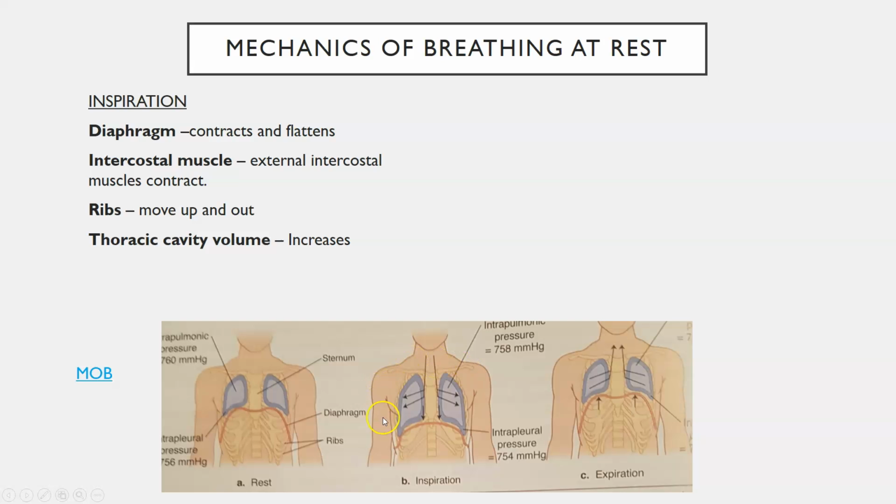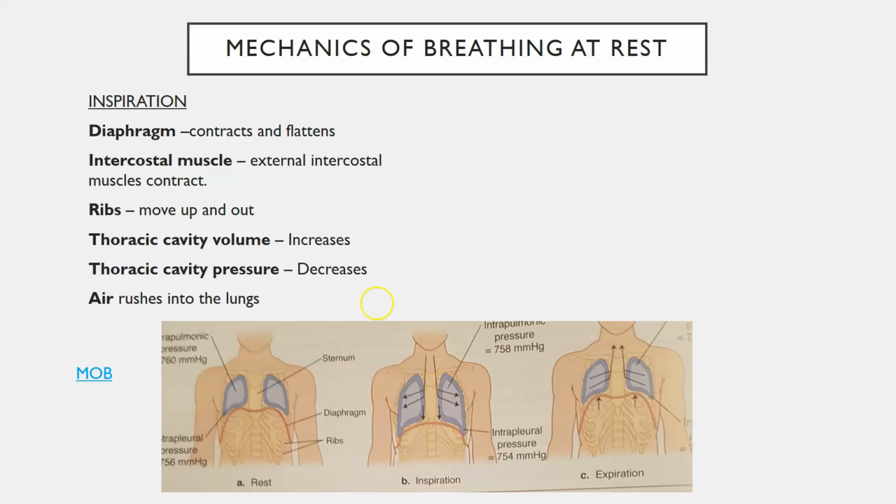Because the thoracic cavity volume has increased, i.e. the area in there is larger, the pressure within our thoracic cavity has now decreased because of the amount of volume and space around in there. So the thoracic cavity pressure decreases, which means that air rushes into our lungs. That is how we breathe in. Our diaphragm contracts and flattens, our external intercostal muscles contract, our ribs move up and out, the thoracic cavity volume increases. This means the thoracic cavity pressure decreases, which means air rushes into our lungs.